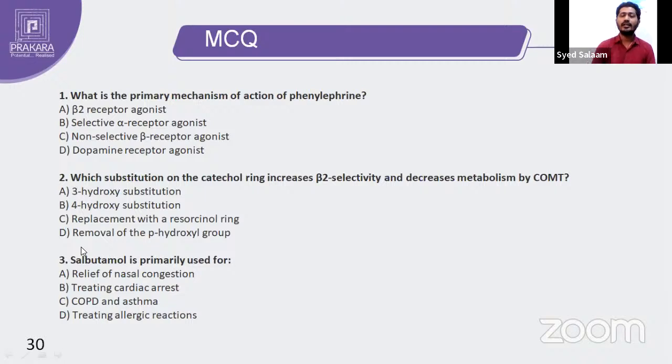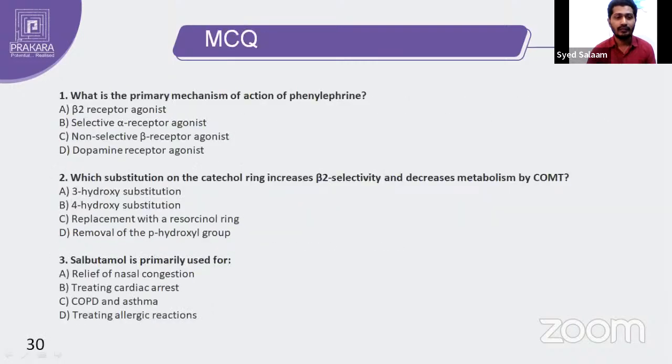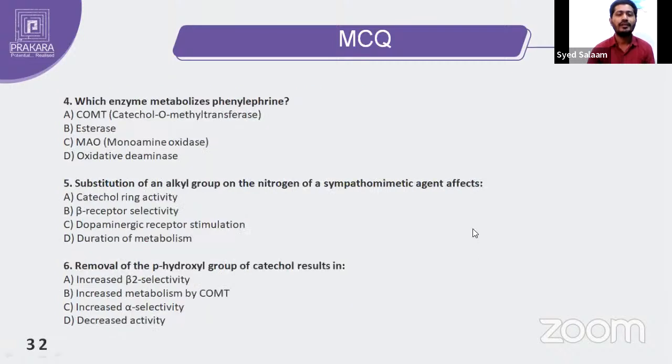Next question: salbutamol is primarily used for what? Relief of nasal congestion, treating cardiac arrest, COPD and asthma, or treating allergic reactions. Let's go for the fourth question. Which enzyme metabolizes phenylephrine?